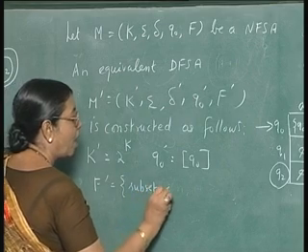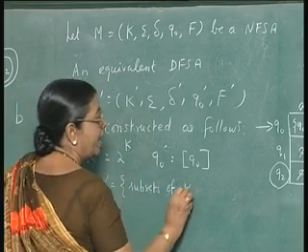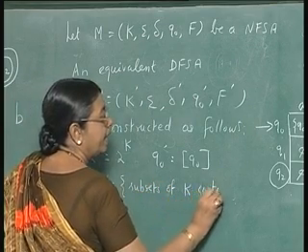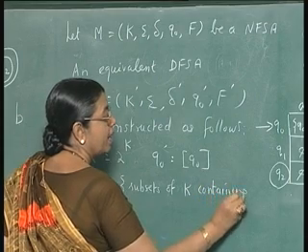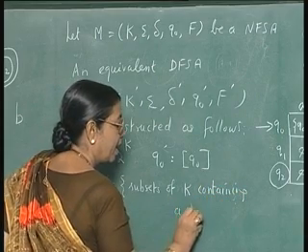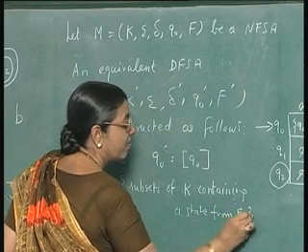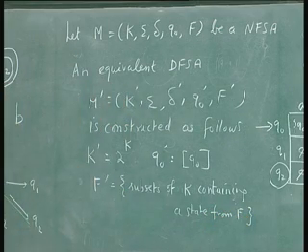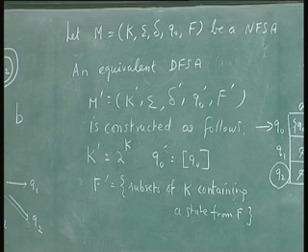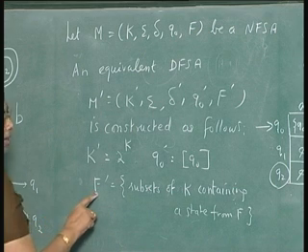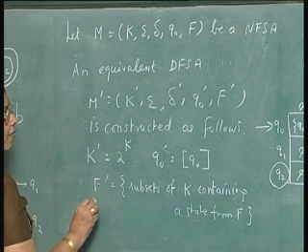and F dash is equal to subsets of K containing a state from F. All subsets which contain a state from F form F dash. Now, you have to define delta dash.